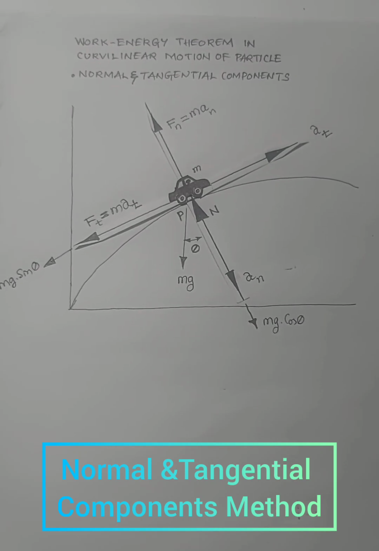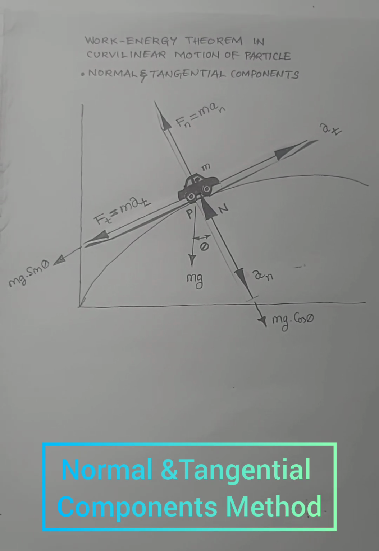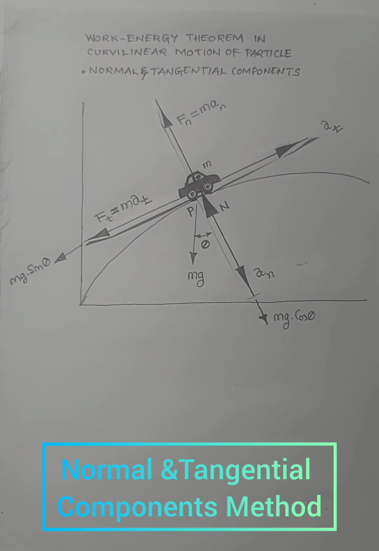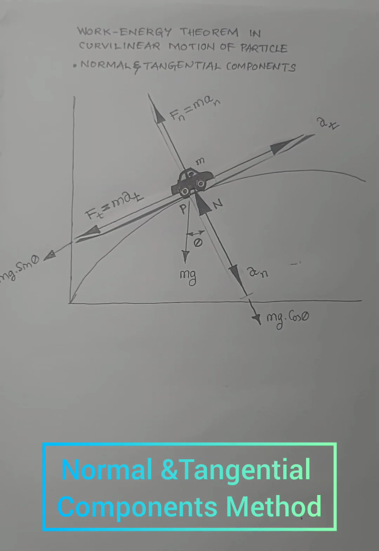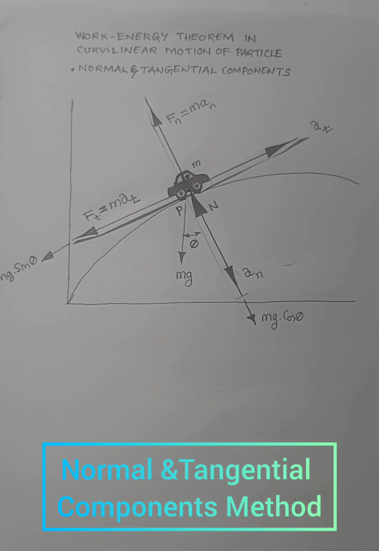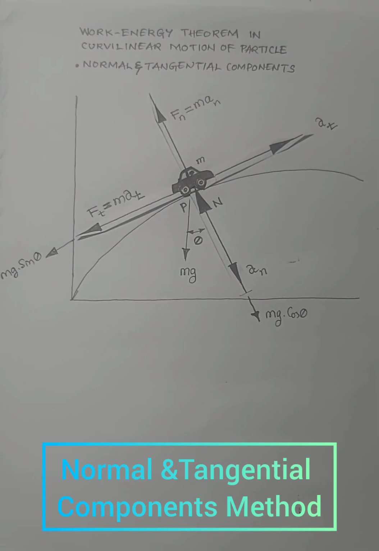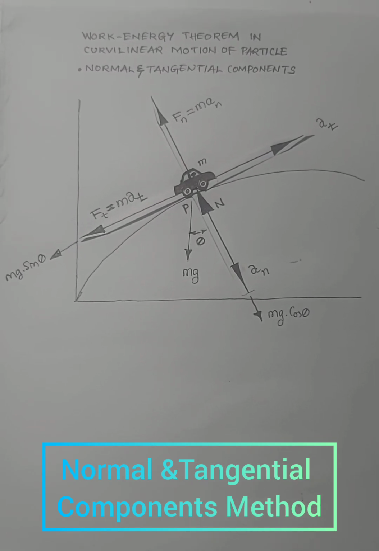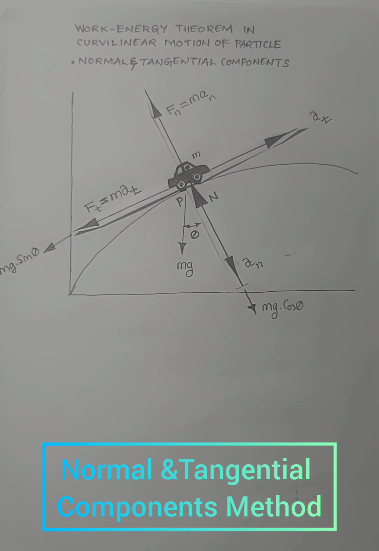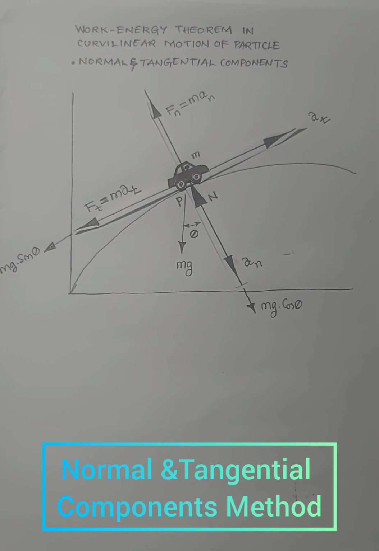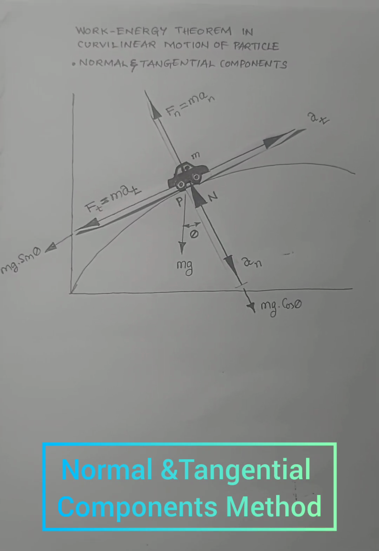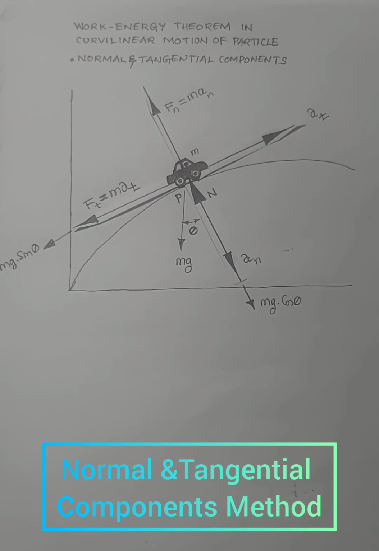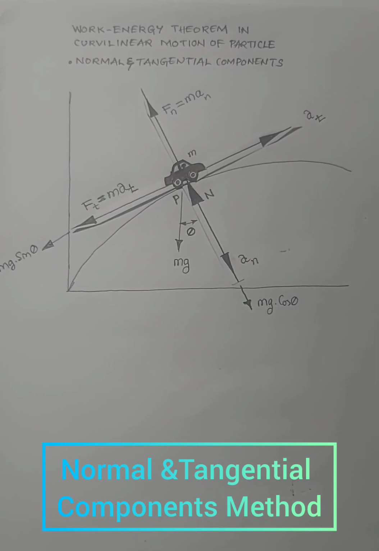While writing the equation of dynamic equilibrium along the tangential direction, the tangential component of weight force mg is considered negative, and Ft equal to mat is also considered negative. Why? Because these two forces are directed opposite to the tangential acceleration.